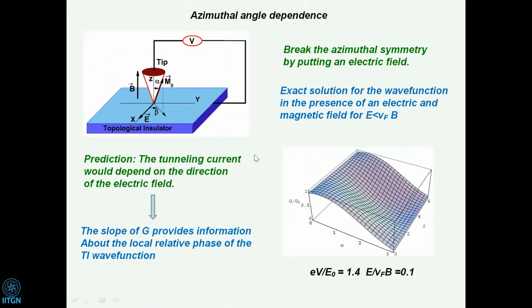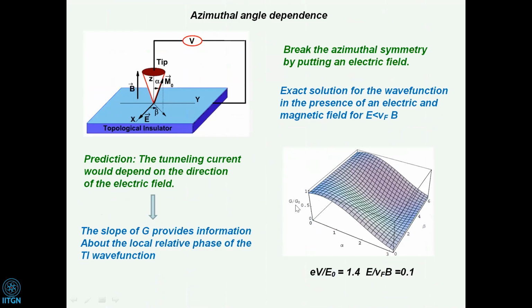And this azimuthal angle dependence is another thing, that if you break the azimuthal symmetry on the surface by putting in an electric field, this electric field essentially parallel to the surface changes the tunneling conductance. Okay?